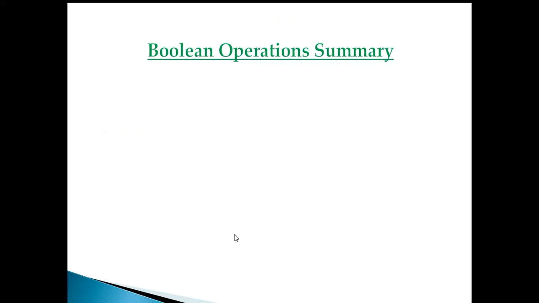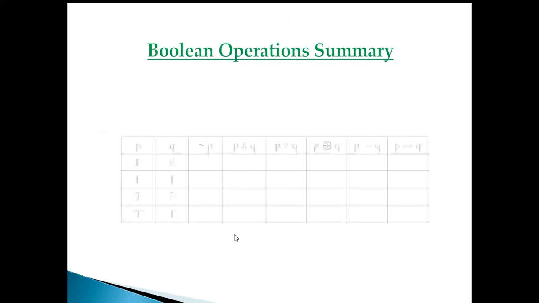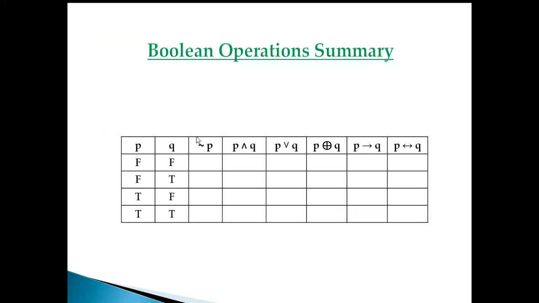So next, we summarize all our Boolean operations in the truth table. Here our two statements are P and Q. First, what we studied in our earlier videos, negation. What is the negation of P? It is false, true, false, then true, true, then false, true, then false.